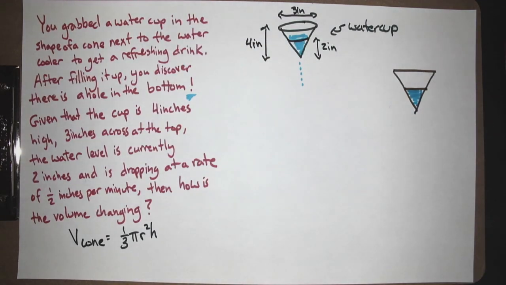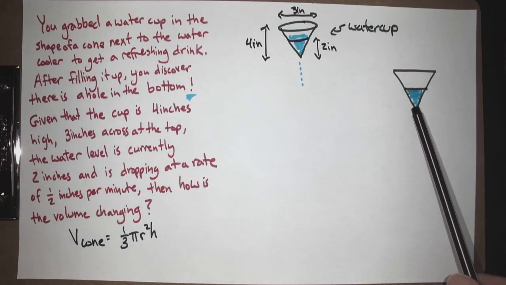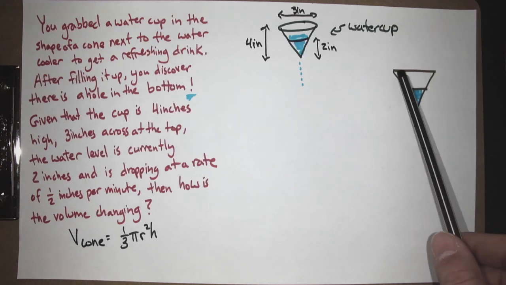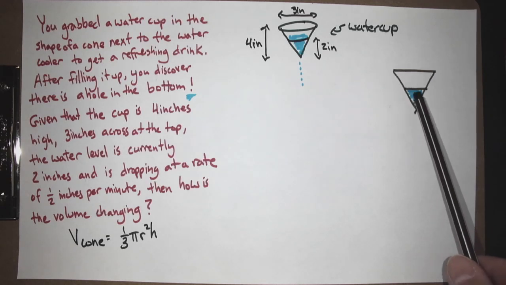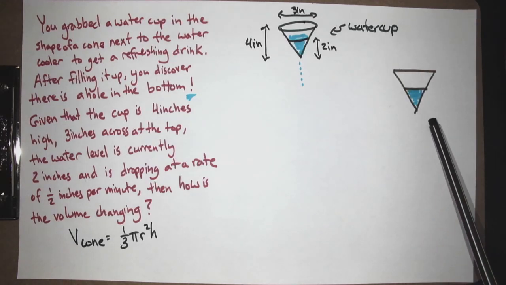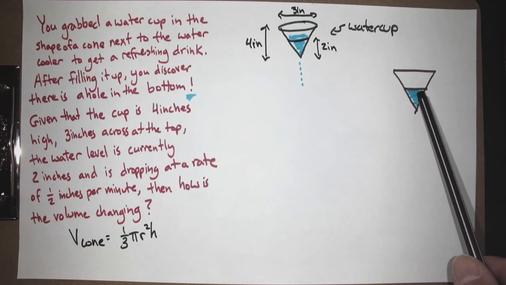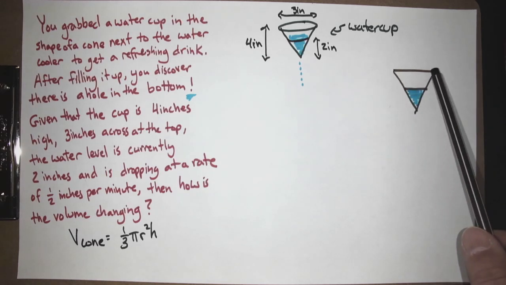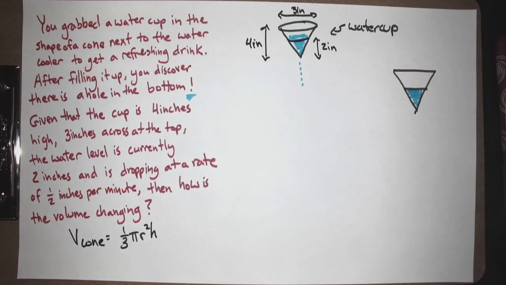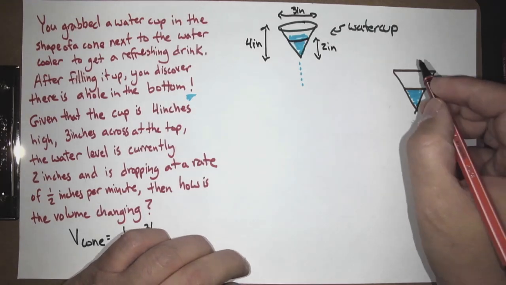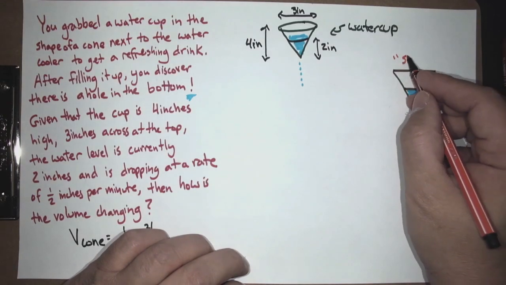Now, what's the relationship between this triangle versus that triangle? So the one where the water is versus just the whole cup. They're similar. Now, similar has a particular meaning.